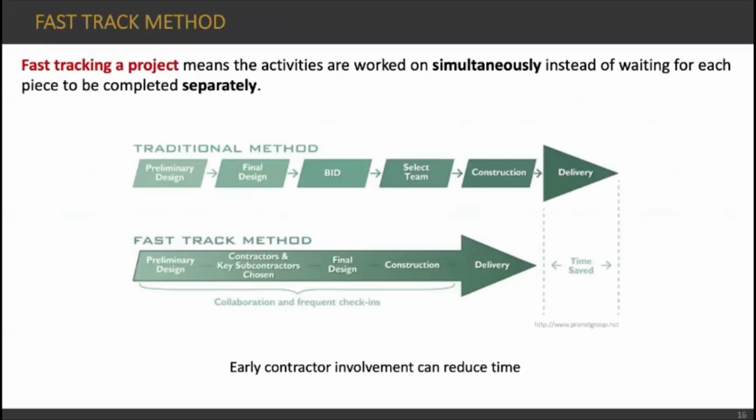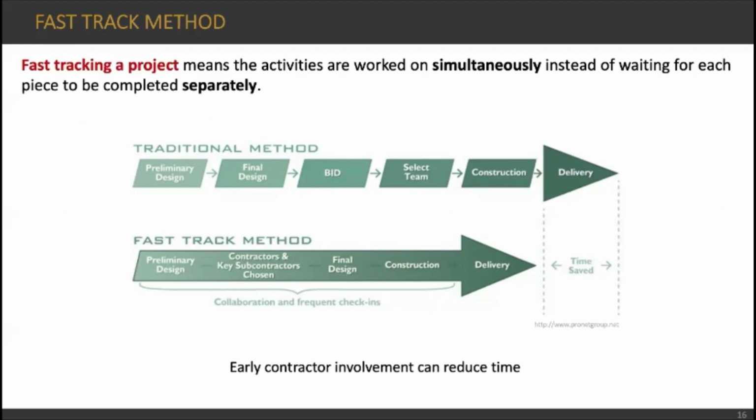And fast tracking, as I mentioned, in a project means the activities are worked on simultaneously instead of waiting for each piece to be completed separately. In the traditional method, we can say the phases or activities have a finish-to-start relationship. So you cannot start any activity or phase before the previous phase is completed totally.